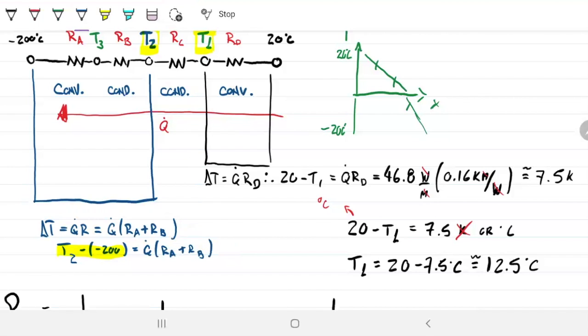This is T2. So T2 minus 200 equals the Q that we found before times the sum of the two resistances, RA and RB. If you recall, RA and RB are not very big. RA was 0.13, and RB for copper was 10 to the minus 5 something. I don't remember exactly, but it's 10 to the minus 5.